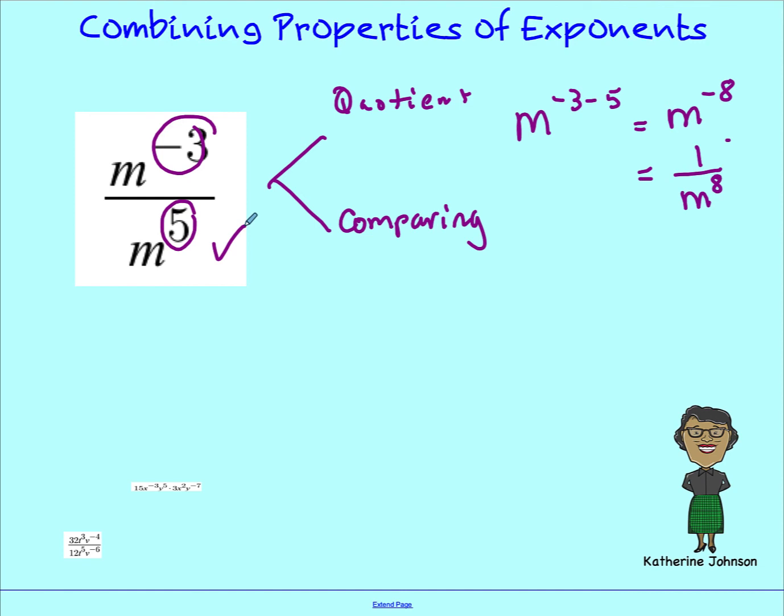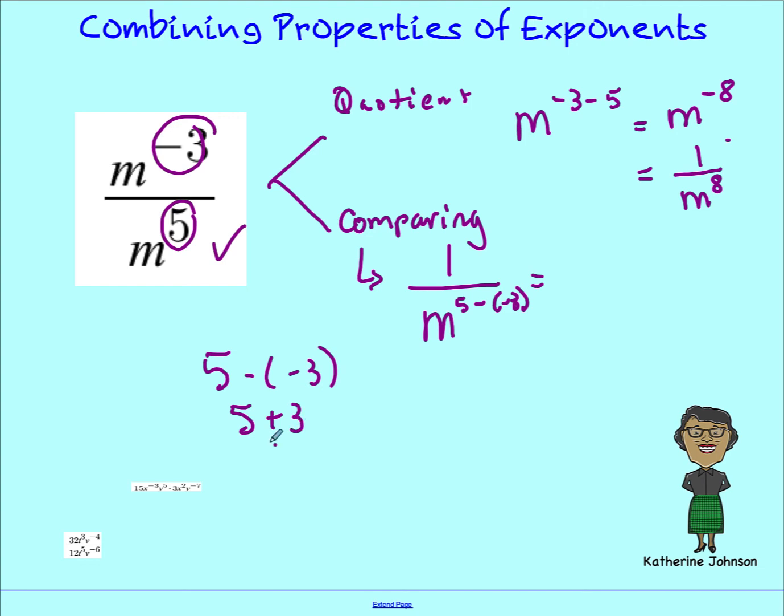So I still am going to use my quotient property, and I'm going to subtract, but I'm going to subtract this way. I'm going to do 5 minus negative 3. And 5 take away negative 3, remember, when you're subtracting a negative number, it means to add, and that's going to give me positive 8. So by doing that, I don't have to worry about doing the reciprocating.